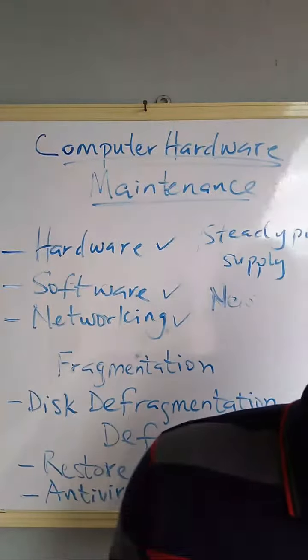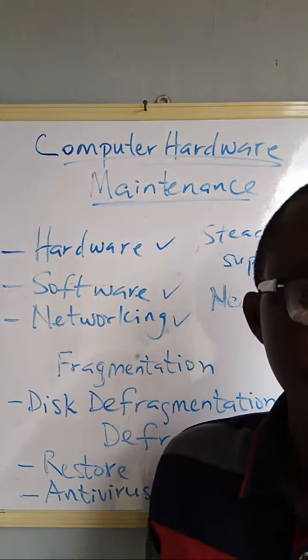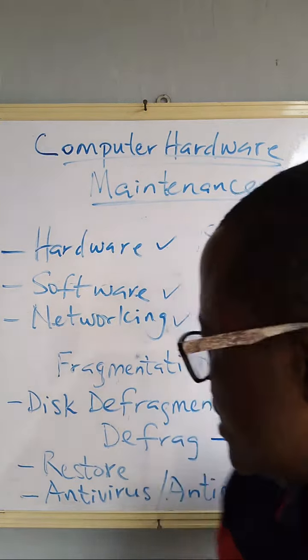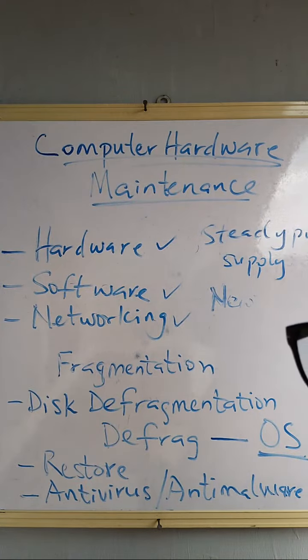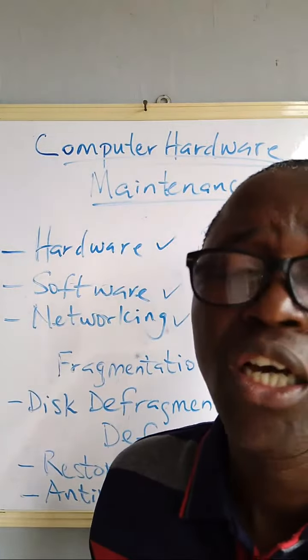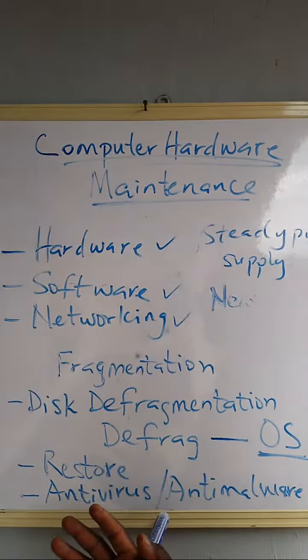You can try using your computer. The person will be so happy. But you know that you have not actually done anything serious. It is actually the operating system that does the job for you. But you bill the person and collect money for doing that because of the knowledge that you have applied.